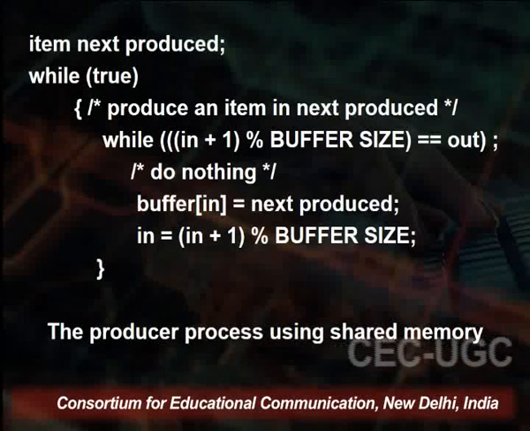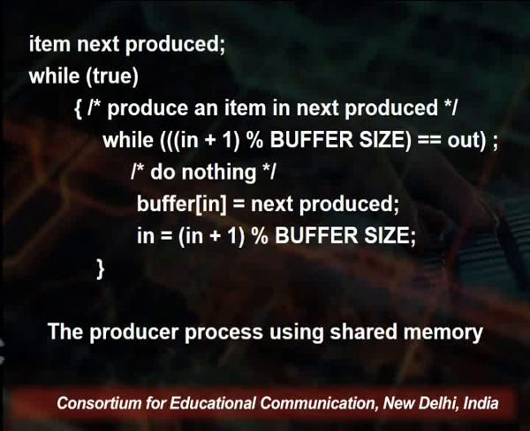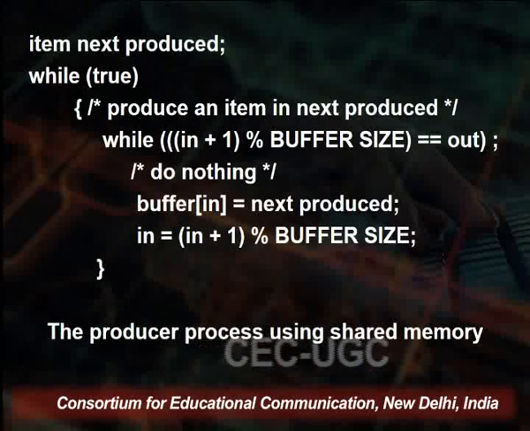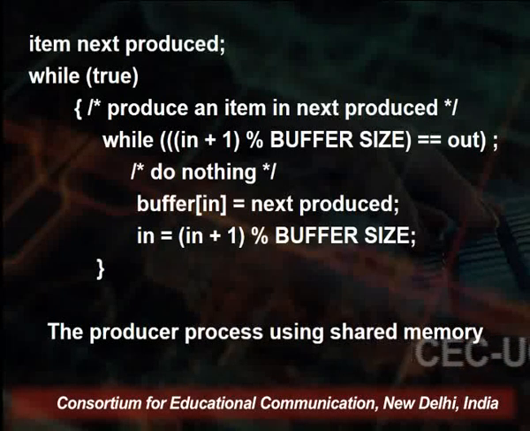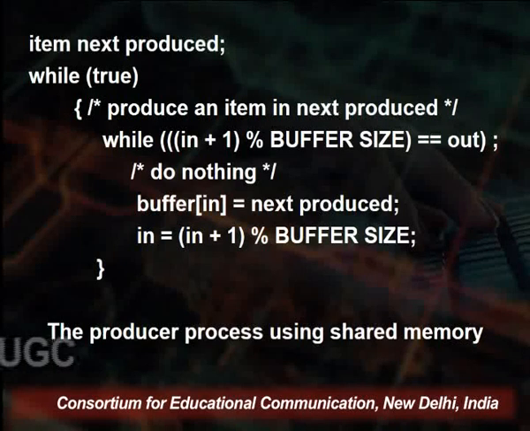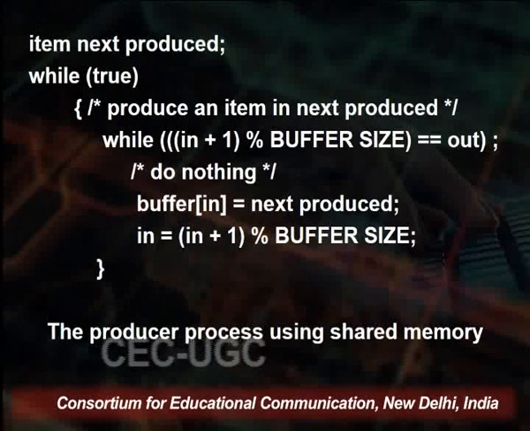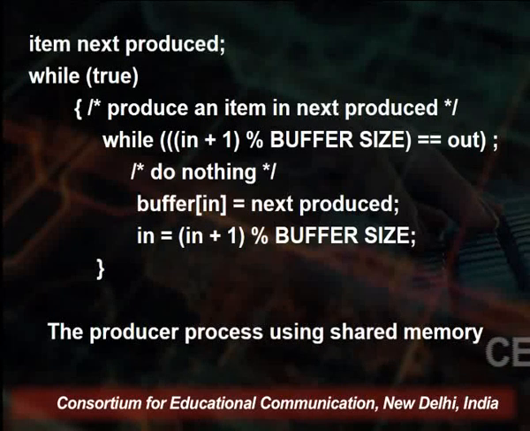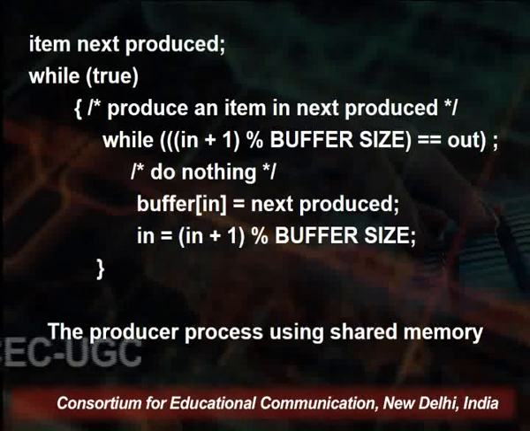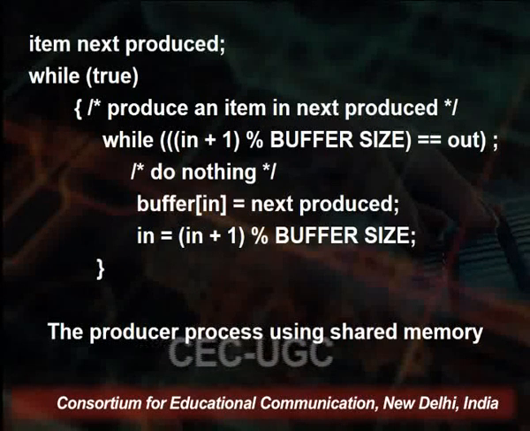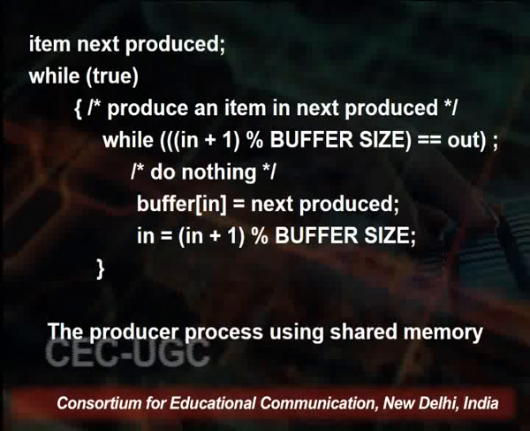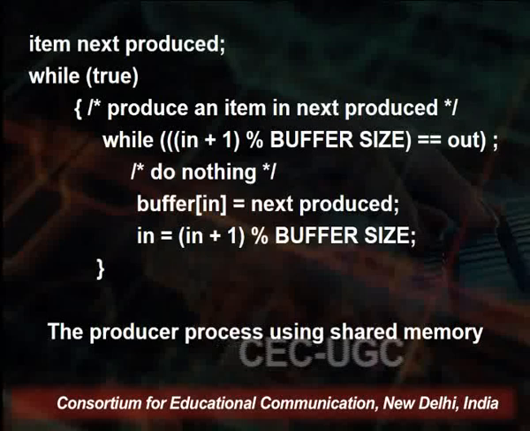When the buffer is full, the while loop keeps running without doing anything, and as soon as at least one place in the buffer array is emptied, we take the variable next produced, and whatever is stored inside it is given to the buffer at the position in, and then we increment in along with the rules of the circular array or circular queue.